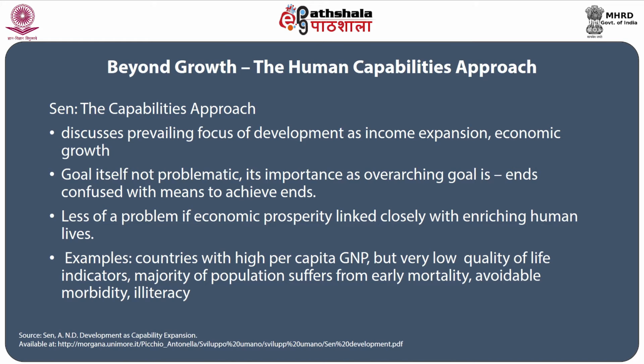As we have seen, it may be less of a problem if economic prosperity was linked closely with enhancing human lives. There are examples of countries with high per capita GNP but very low quality of life indicators, as the majority of the population suffers from early mortality, avoidable morbidity, and illiteracy to a large extent.